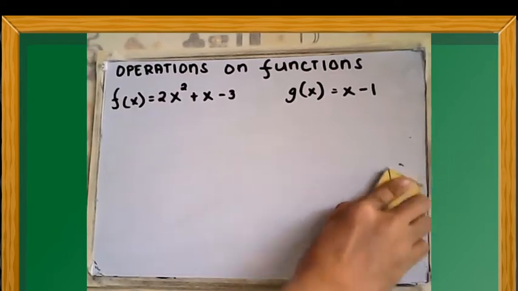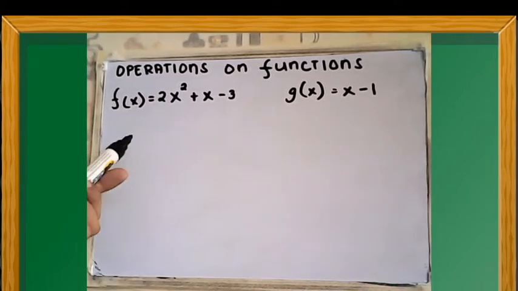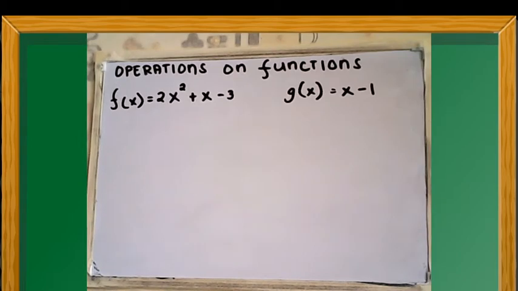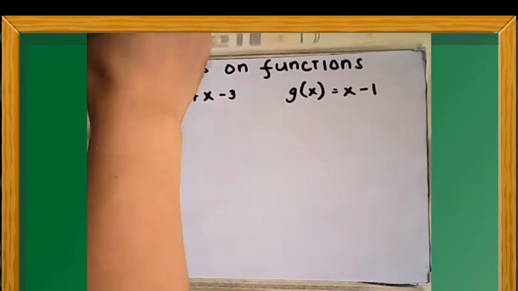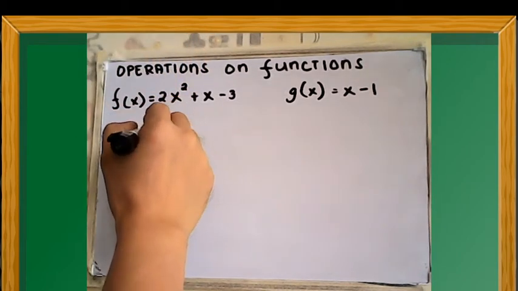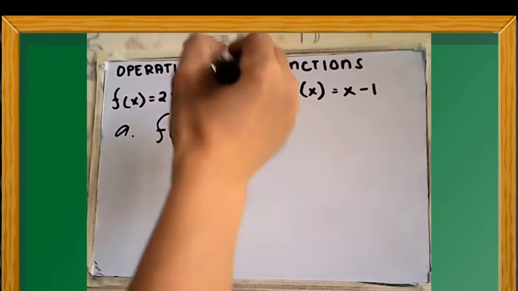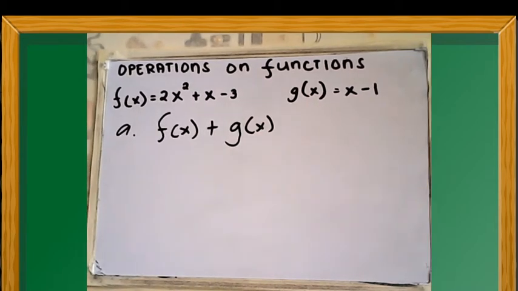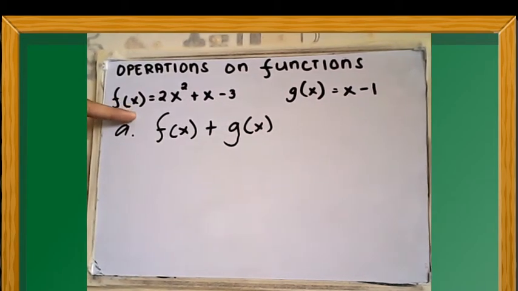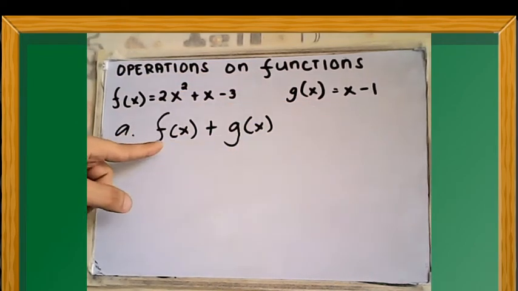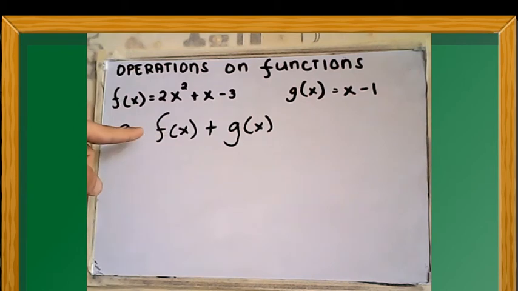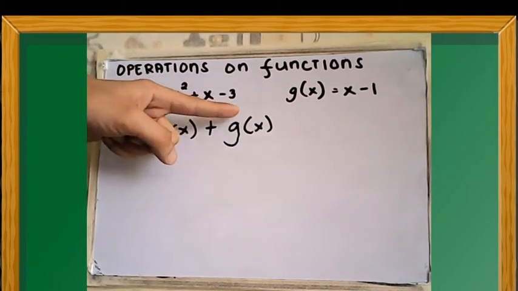So let's start with addition. So given these functions, for letter A, we will just use f of x plus g of x. So it means the function f of x will be added to g of x. And then, if we change f of x to its equivalent expression, that is 2x squared plus x minus 3.